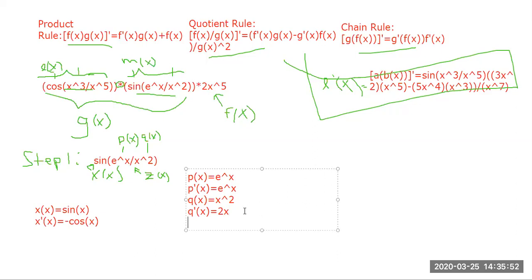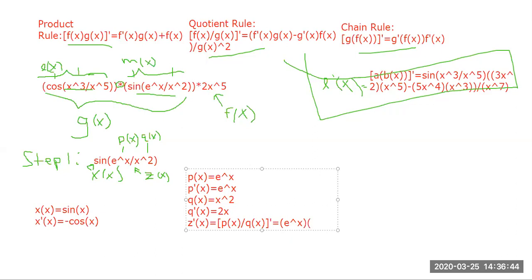So now we can finally use the quotient rule. So we got the derivative of z of x total, which I guess we can put that z prime of x equals quotient rule of, we're going to change f of x to p of x divided by, we're going to change g of x to q of x. Equals. Okay, so p prime is e to the x.